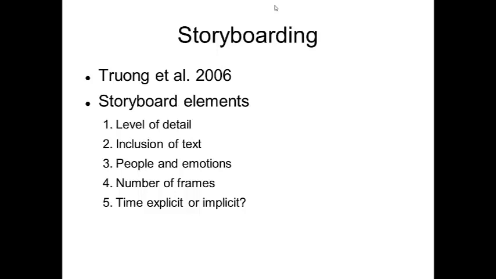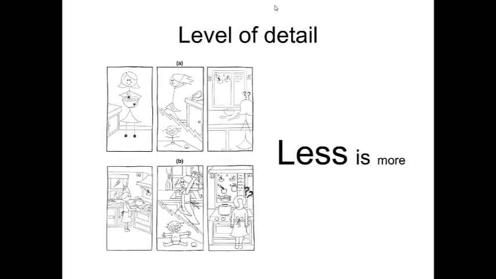So they examined things like the level of detail, the inclusion of text, whether to use text in your storyboards or not, whether to include people and particularly emotions in a storyboard, how many frames to use, whether to implicitly include time or not. I'm just going to run through a few of these.